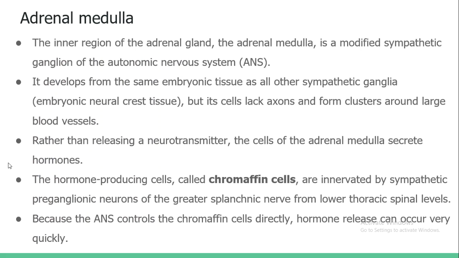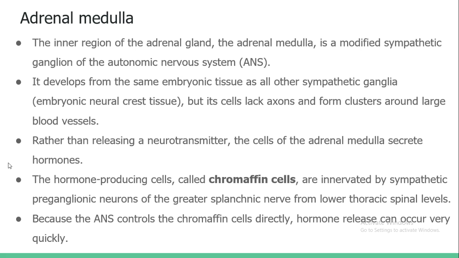The adrenal medulla is the inner region of the adrenal gland. The adrenal medulla is a modified sympathetic ganglion of the autonomic nervous system, ANS. It develops from the same embryonic tissue as the outer sympathetic ganglia, that is, embryonic neural crest tissue, but its cells lack axons and form clusters around large blood vessels.